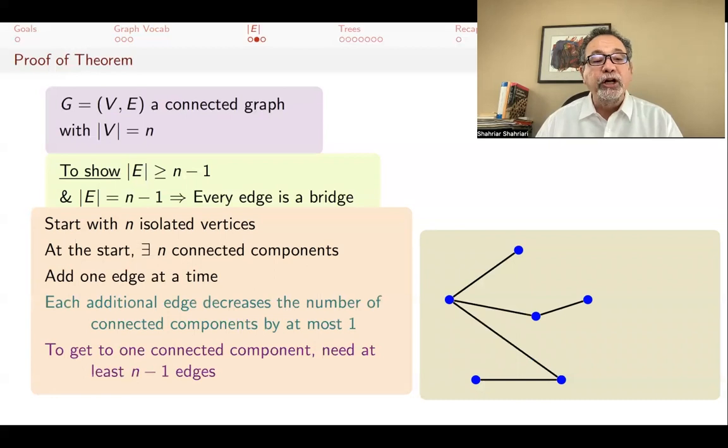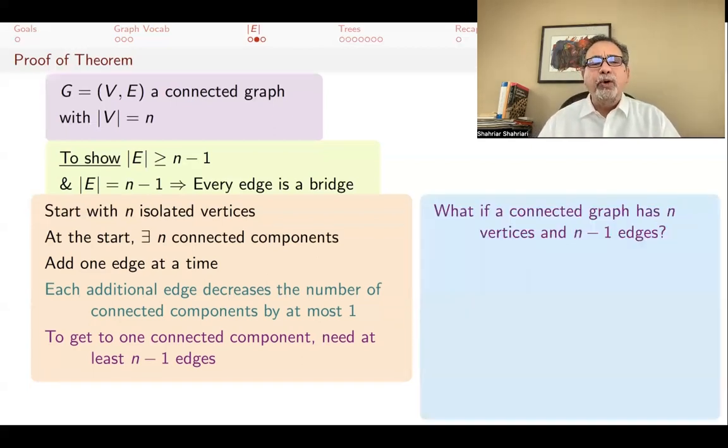And therefore, to get from n connected components to one connected component, you need at least n minus one edges. Every time you go down by one, so if you're super efficient, you need at least n minus one edges.